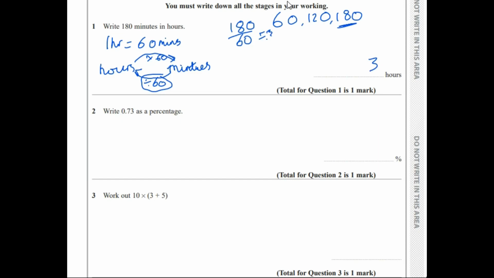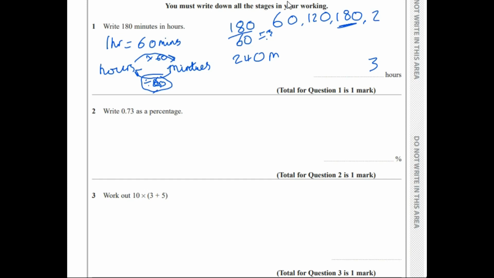Now, for another example of this type of question, let's say the question was 240 minutes in hours. This time, we're again in minutes, and so we want to divide by 60 to work out what it is in hours. If we look at our 60 times tables, we've got 60, 120 is 2 times 60, 180 is 3 times 60.